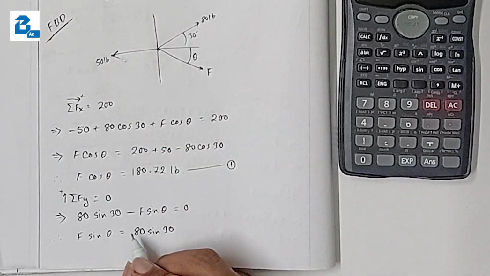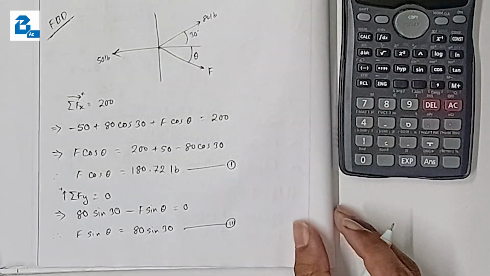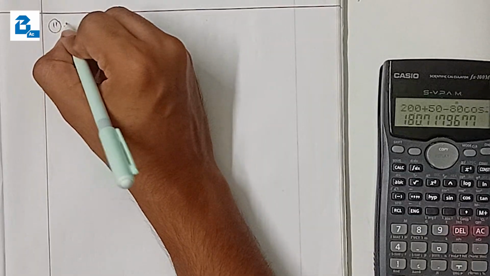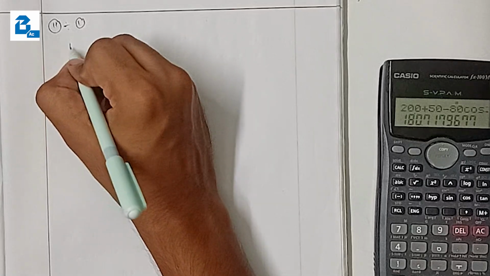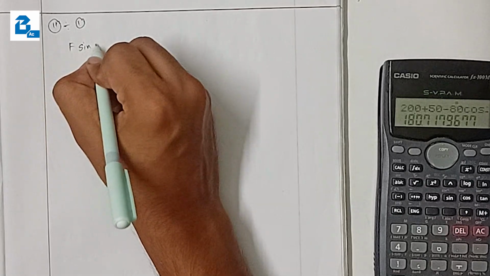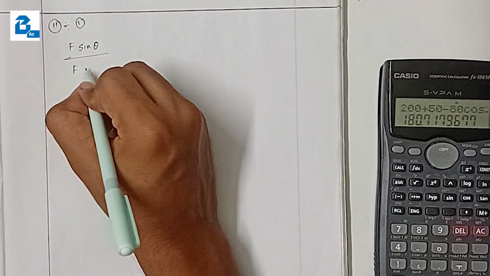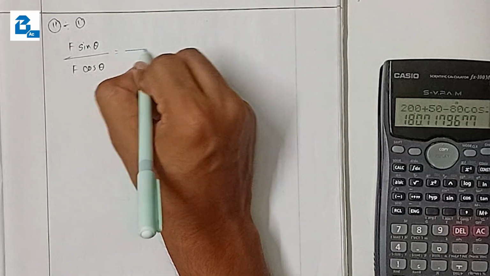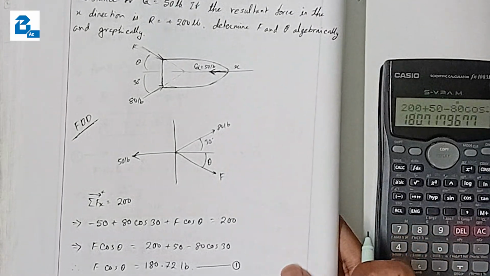So we will take the first one from the summation of F of x as equation 1, and from the summation of F of y we will take equation 2, and then we will divide equation 2 by equation 1. Then we will get F sine theta divided by F cos theta equals, which was 80 sine 30.